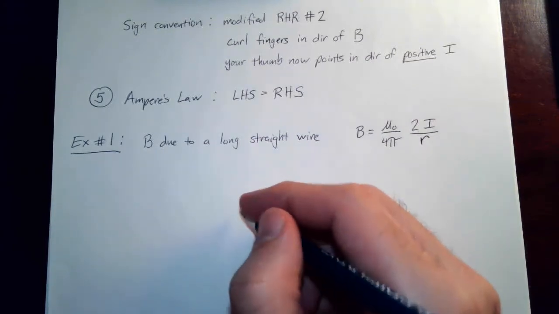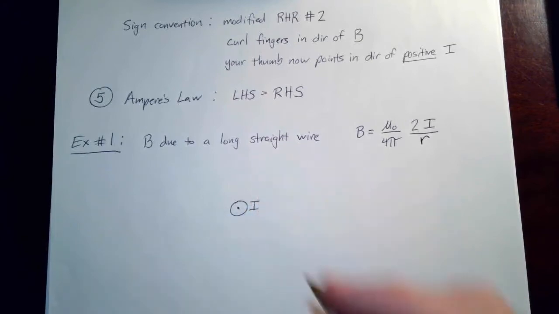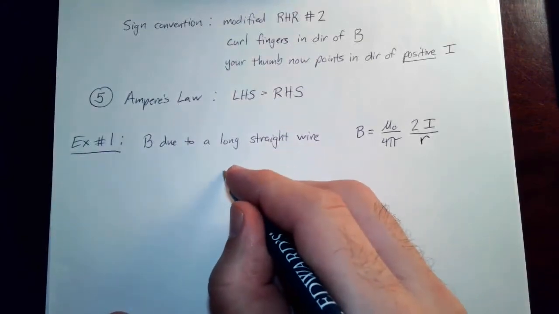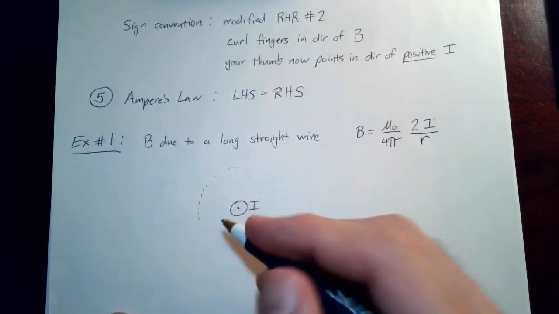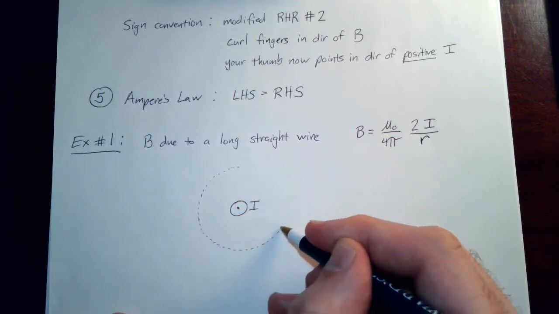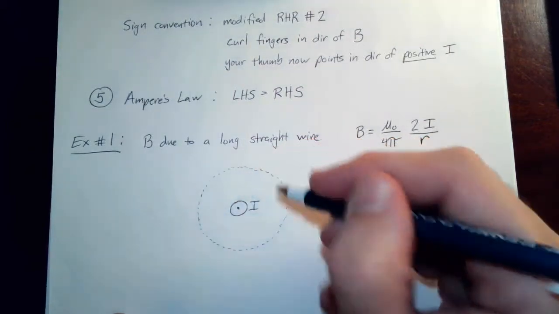So I can draw this in a number of different ways. I'm going to go ahead and draw it with current coming out of the page. Okay, and I'm going to draw my Amperian loop. Right, in Gauss's law, we were doing a Gaussian surface. Now, with Ampere's law, we're doing an Amperian loop. And I'm just going to make it a circle that has I at the center.